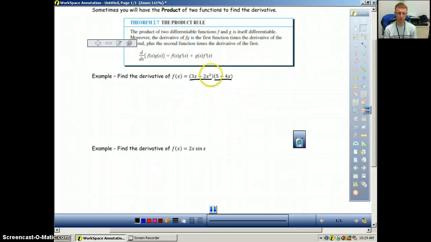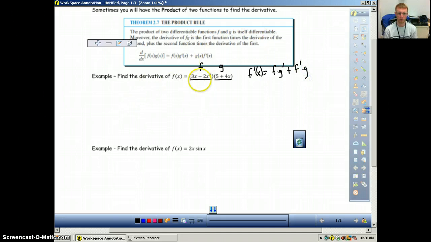So basically what we can do is we can identify each of these as being, say, one of these can be f and the other one will be g. And what we're going to do is we're literally going to say we want f prime of x here will be equal to f times g prime plus f prime times g.